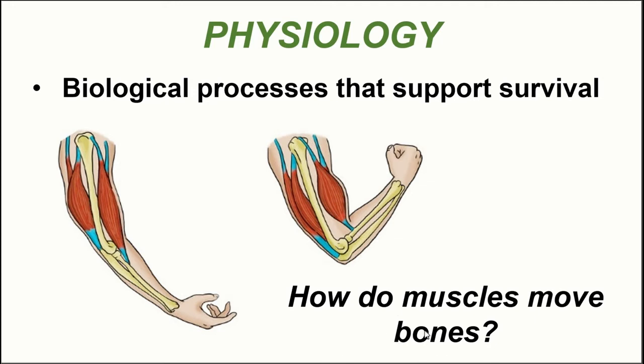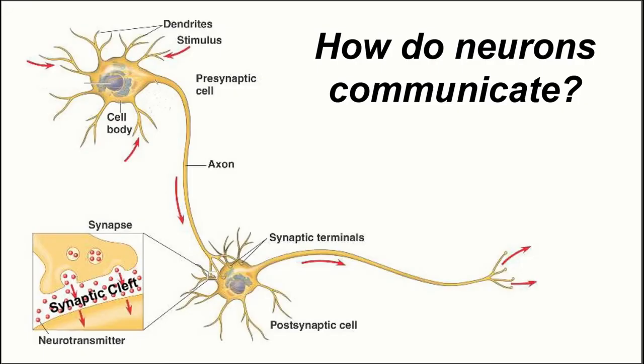A physiology question that we can ask is how do muscles move the skeletal system? We can look at what's happening within the muscle cells at the physiological level to determine how that's happening. Another physiological question that we can ask is how do neurons communicate?